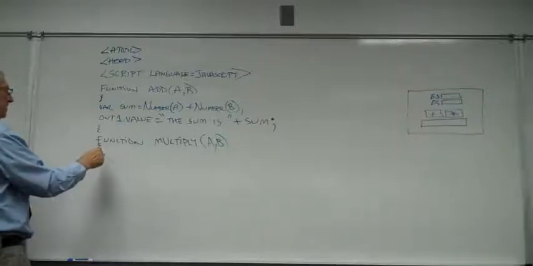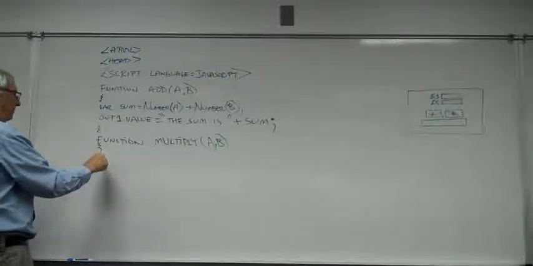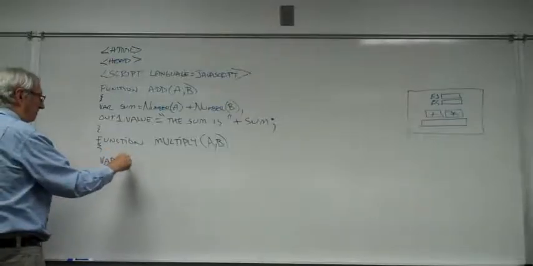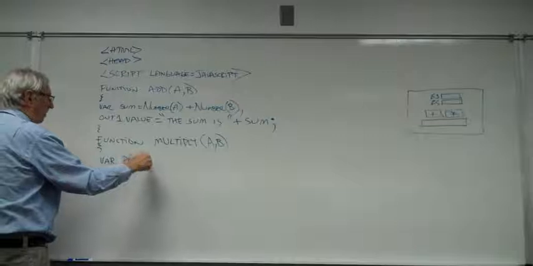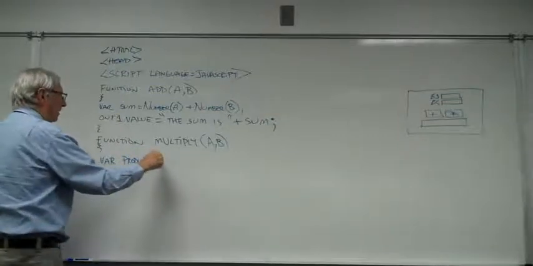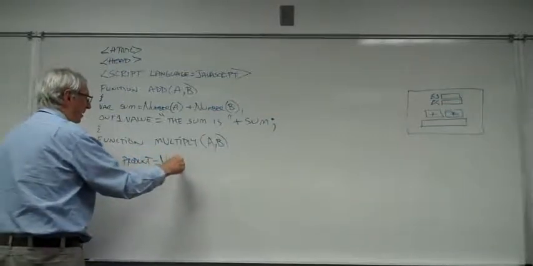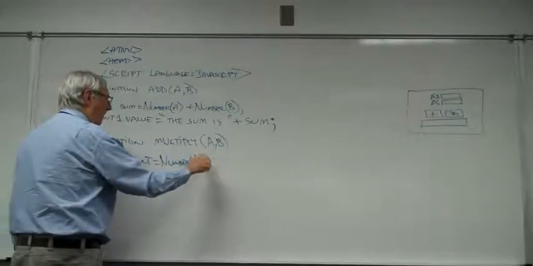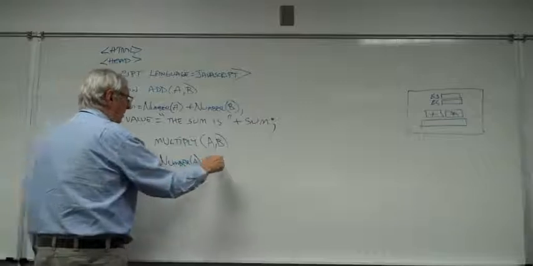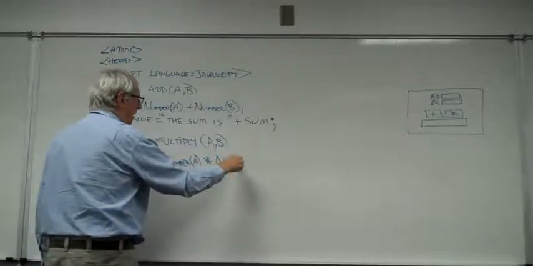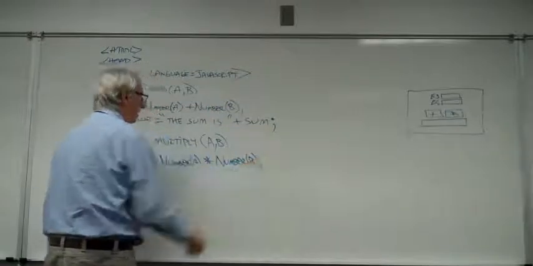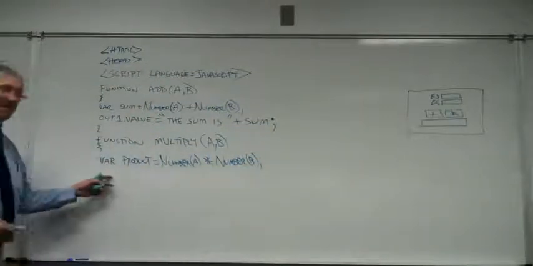So then I have to have a variable here, and I'm going to call it the product, equals number of A times number of B, like so. Does that make sense to you?